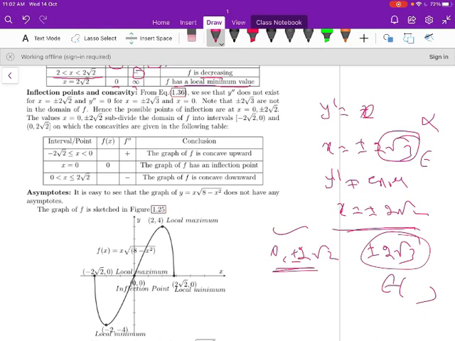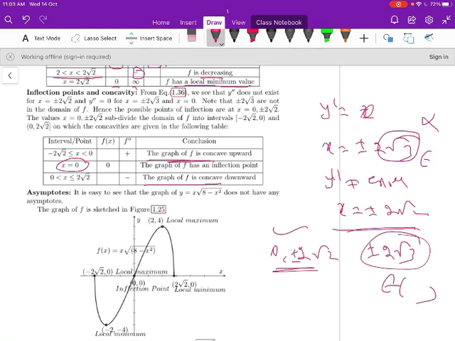Now take any value between minus 2 root 2 and 0. So f double dash is positive, concave upward. For 0 to 2 root 2, the graph of f is concave downward. Therefore at x equal to 0 we have the point of inflection. So 0 comma 0 is the point of inflection.